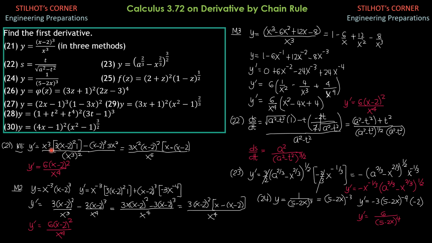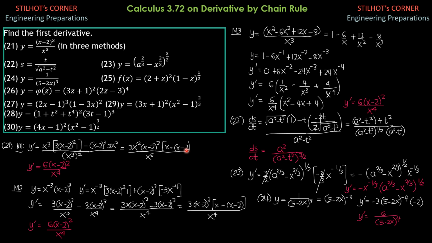So simplifying, for constant, we have 3, which is common. For x, we have x squared, which is the least common factor. And for x minus 2, we have x minus 2 quantity squared as the least common factor. Then, what is left here is x. So times quantity x. Then, in the second term, we have negative of quantity x minus 2 raised to 1, or minus quantity x minus 2.